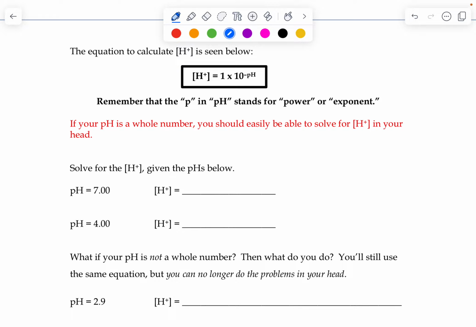So if your pH is 7, your H plus is going to be 1 times 10 to the -7th. And remember, this is a concentration now that we're solving for. So this one would have units of molarity. If your pH is 4, your H plus is 1 times 10 to the -4th molar.